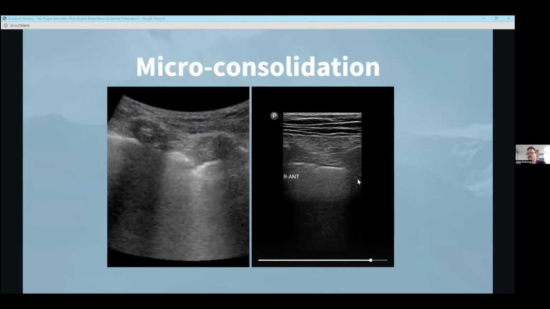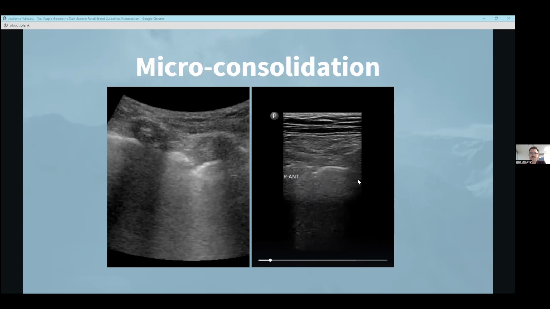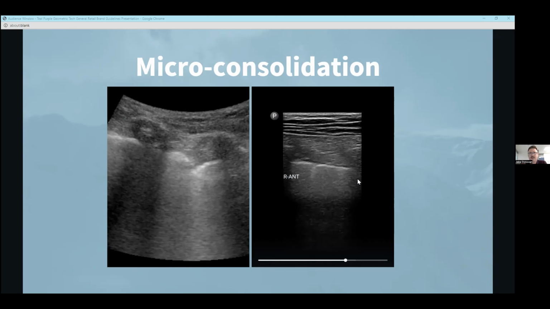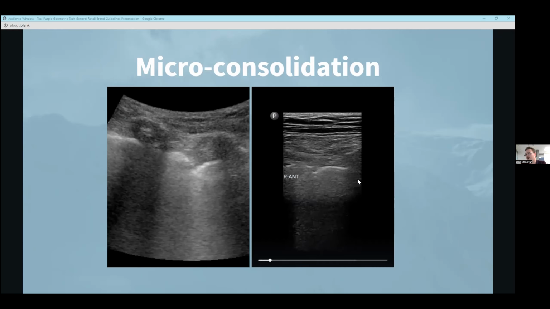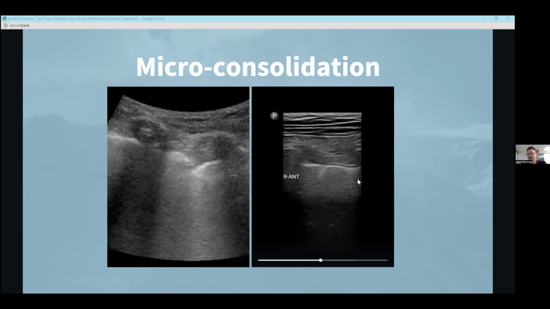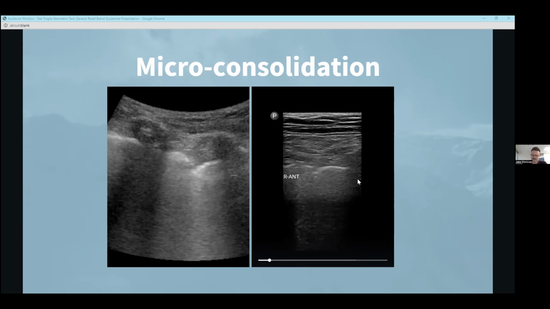I often see these in infective exacerbation of COPD patients, and I've gone, is that just a typical finding in that disease? It wouldn't surprise me with how damaged their lungs generally are. But actually, we've got good lung sliding here, so I think it's the start of a consolidation rather than a chronic finding for that patient.